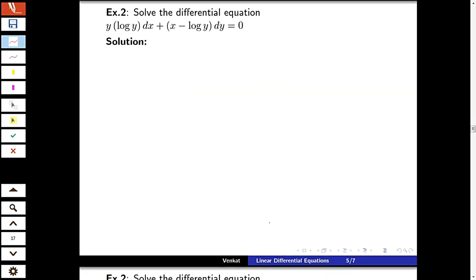For the next example, the equation to solve is given, and you can write it in the form linear in x or linear in y. It is up to you. So try to write dy by dx, with x log y.